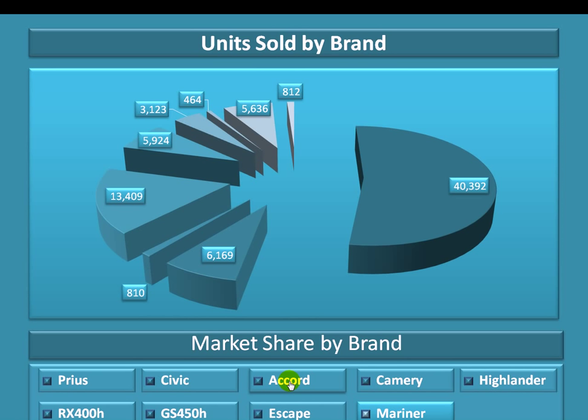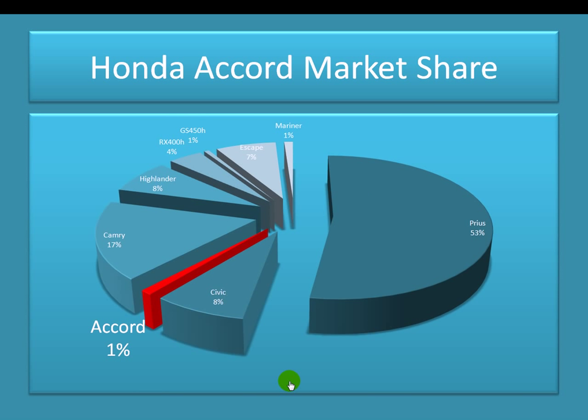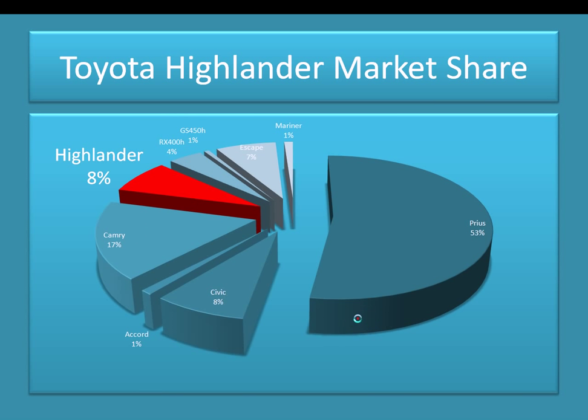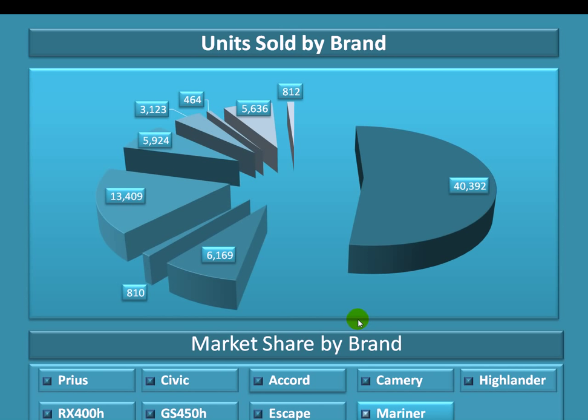So I'm just going to click on the Accord button, and it's going to pop me out to a slide. It hyperlinks me out to a slide, and if I click anywhere in here, we've set this so that it hyperlinks back to the front slide, this slide we started from, so to speak. And we can do that over and over and over again, finding, oh, let's see what the Highlander's doing, etc. So we've set up a couple of hyperlinks.